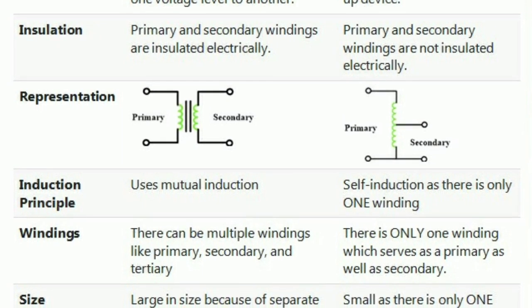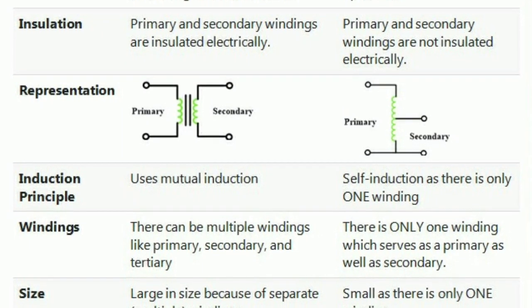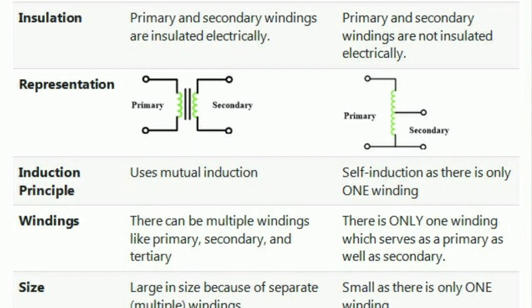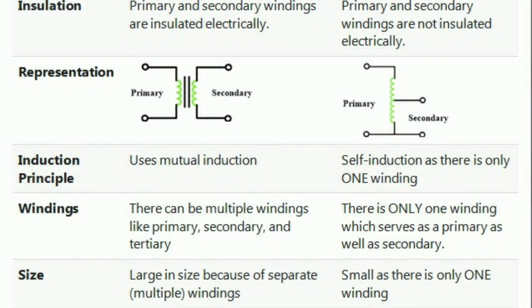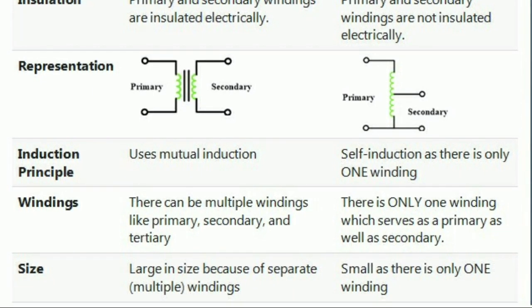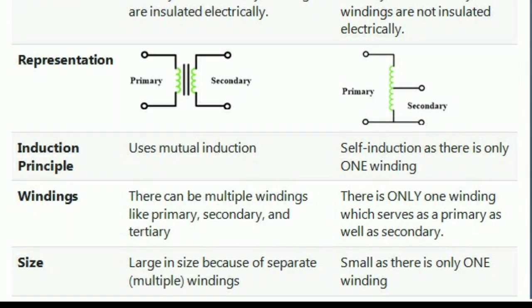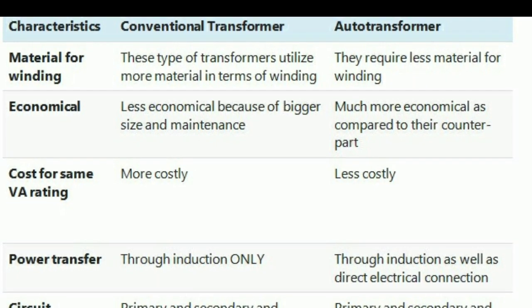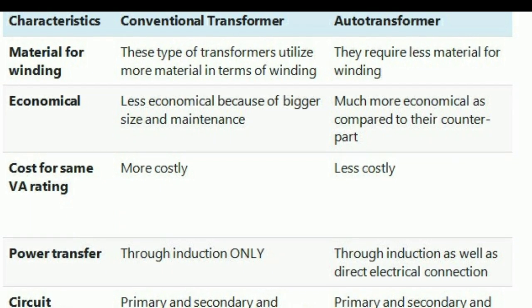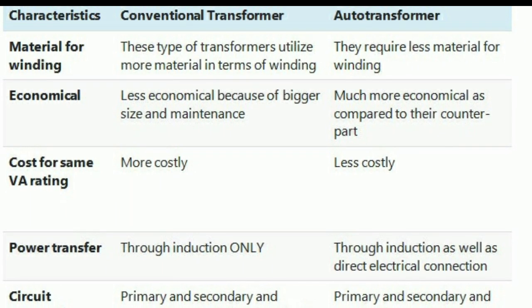And for two windings it can be multiple windings like primary and secondary, whereas in an auto transformer only a single winding. A two winding transformer will be very large in size, whereas an auto transformer occupies a very small area. And coming to the material of the winding, a two winding transformer uses more material, whereas an auto transformer uses less material.